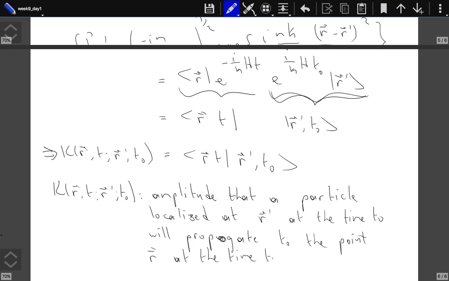It just gives this amplitude that you start from here at a given time t0, the amplitude that it will be reaching this point at a later time t.